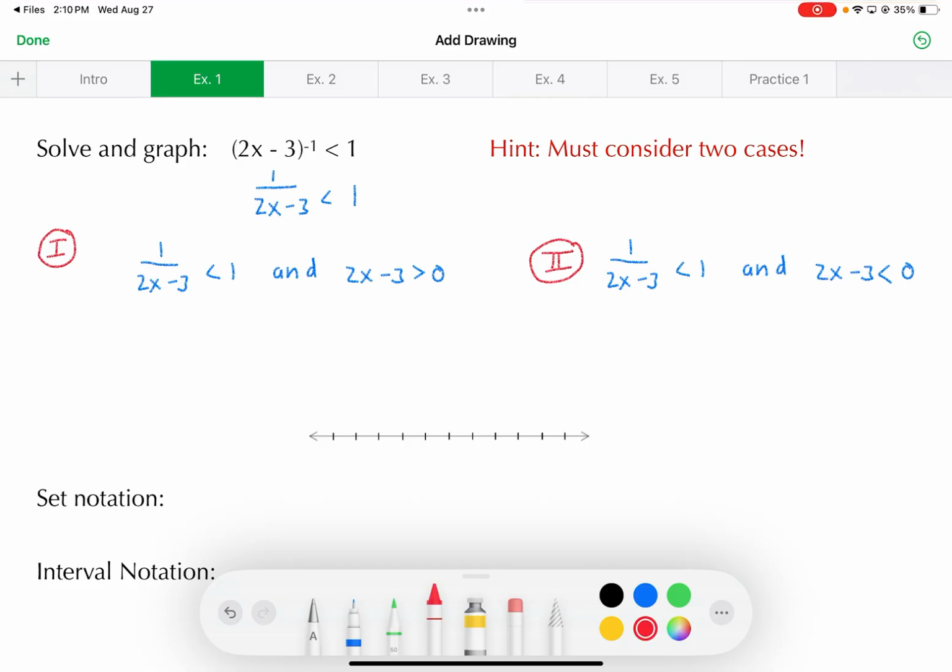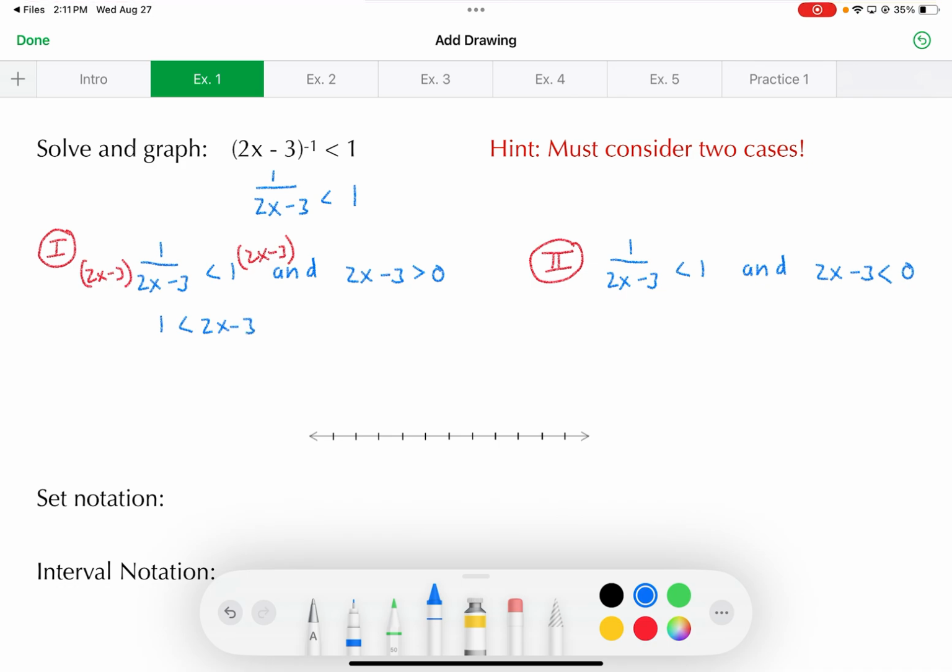All right, let's solve case 1 here. I'm going to multiply both sides by 2x minus 3 like you suggested. And if 2x minus 3 is a positive value, I don't have to flip my inequality symbol when I do that, right? I'll end up with 1 is less than 2x minus 3.